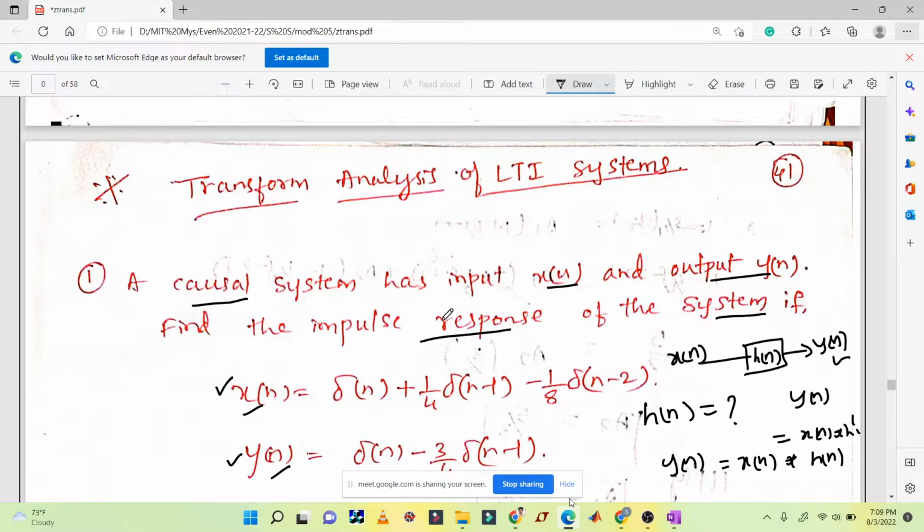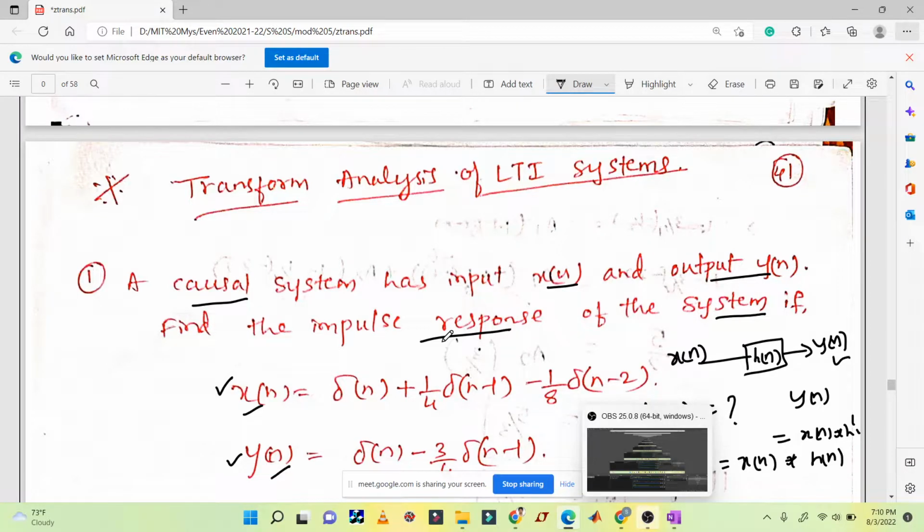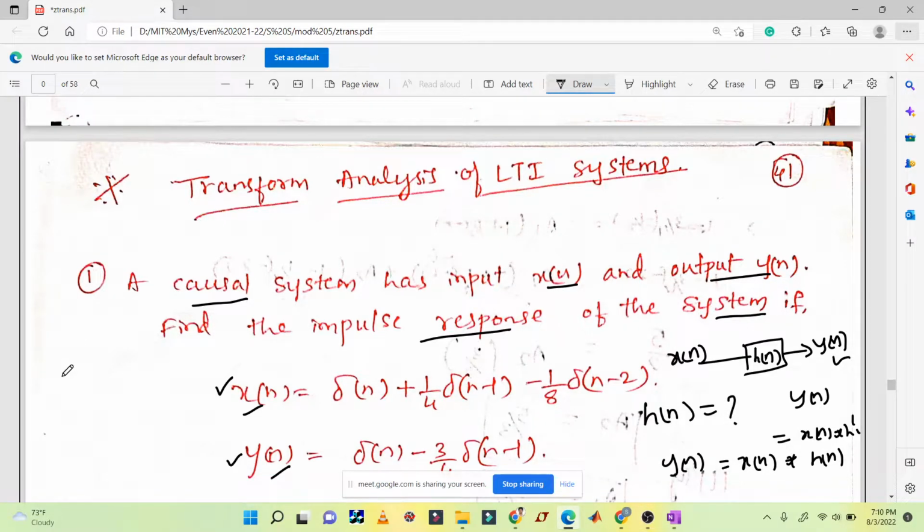Now in the frequency domain the same process is nothing but, give me a second, y of z. If I convert it to the Z transform, since the Fourier representation of discrete time signals is also in the form of the Z transform, I will get y of z is equal to x of z multiplied by h of z.